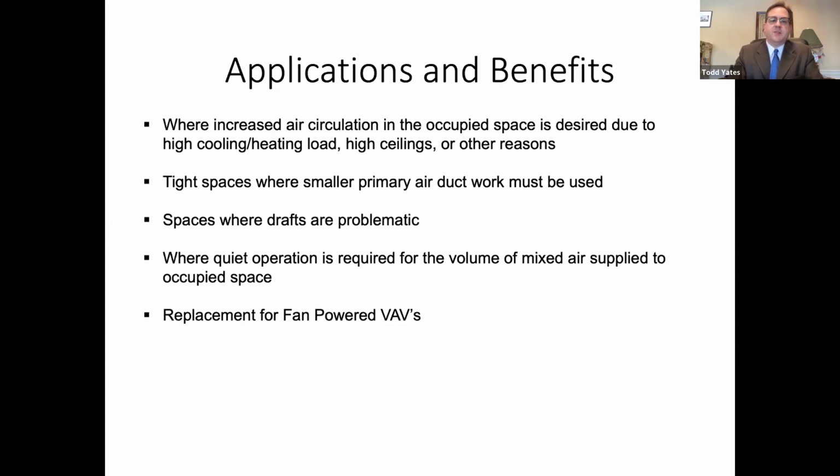It can also be used in tight spaces where smaller primary air ductwork must be used. And that's what we had in this project. It was an existing building with very limited space between ceiling and deck, and there literally was not enough room for ductwork sized to handle the amount of air that would be required with the traditional VAV system.